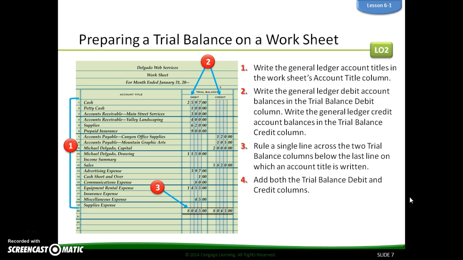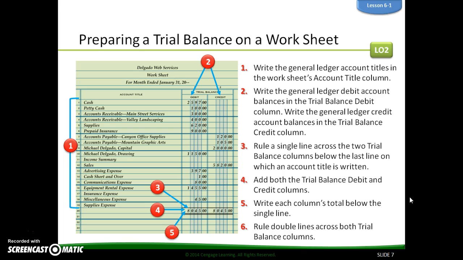And in this case, you can see that they match, $8,045. And then below that, we're going to rule double lines across both the trial balance columns. That double line is how we indicate that we now have totals. So we're going to write those totals in, and then we're going to rule double lines below them. This is now the trial balance on a worksheet for the month of January.